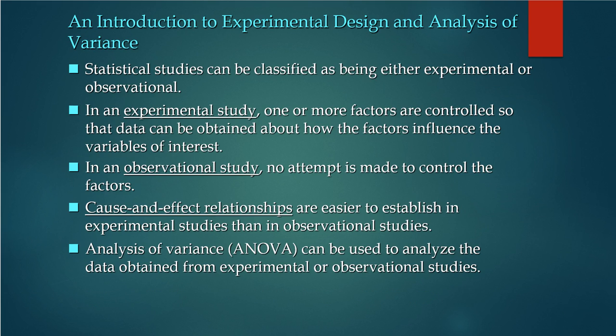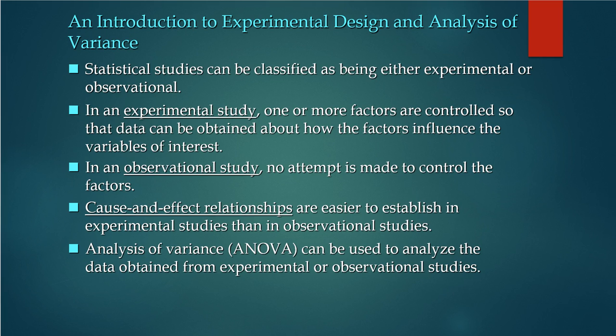Things like that. And as a review, just remember statistical studies can be classified as either experimental or observational. An experimental study is going to have one or two factors controlled. We are measuring something. We are controlling how much vitamin C or vitamin E a person is getting. In an observational study, we're simply observing. We are looking at what's happening.